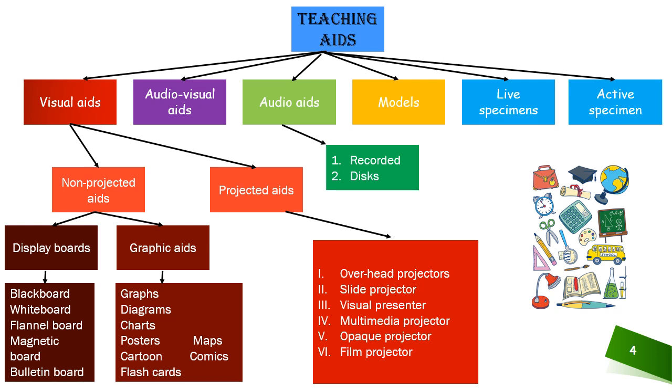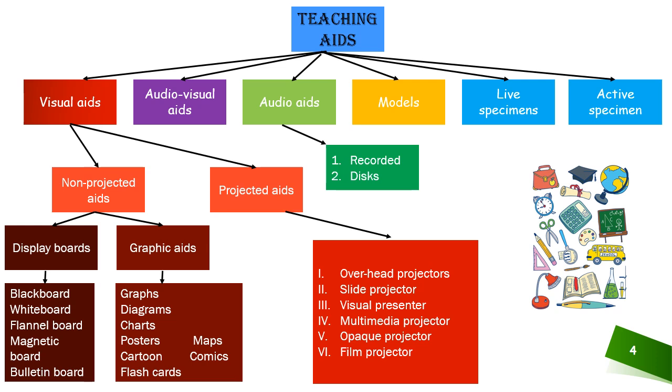So, let's see what these 6 categories are. Teaching aids are divided as visual aids, audio-visual aids, audio aids, models, live specimens, and active specimens. Again, visual aids can be divided into 2 parts as non-projected aids and projected aids.